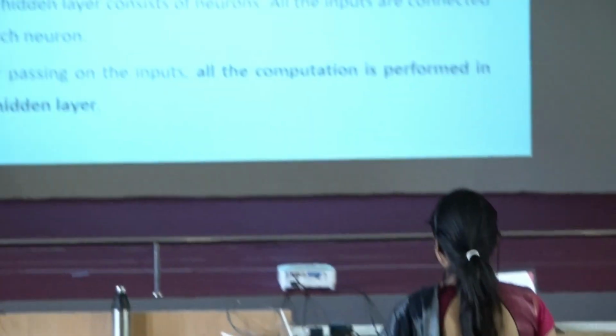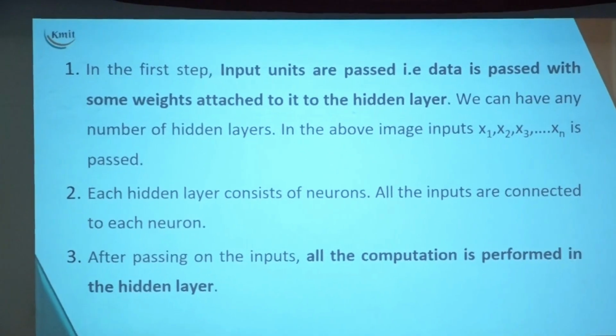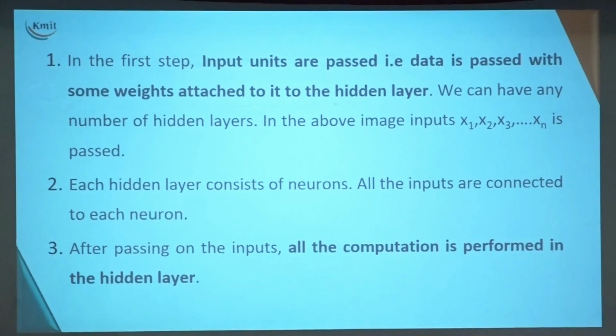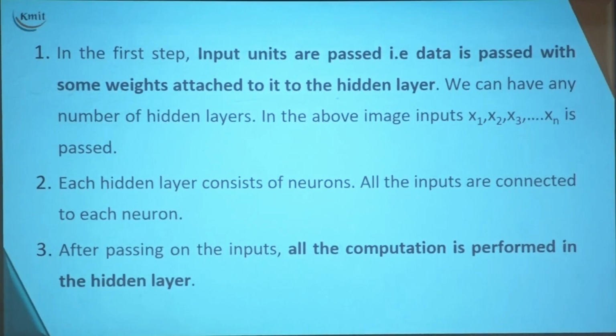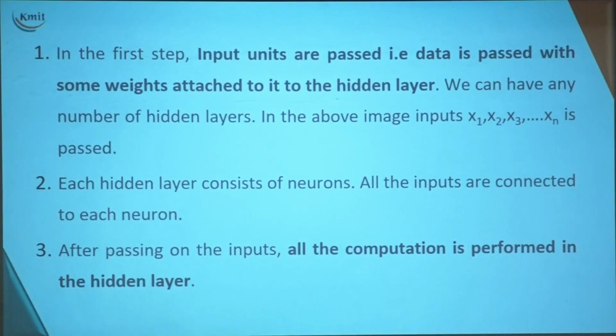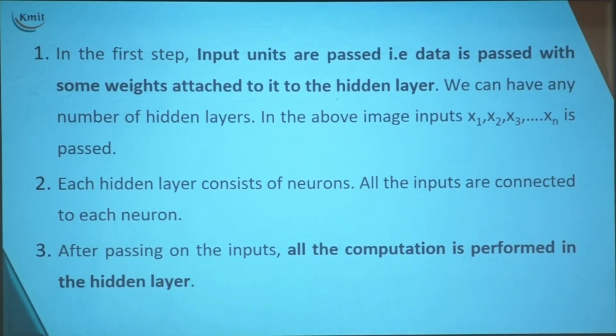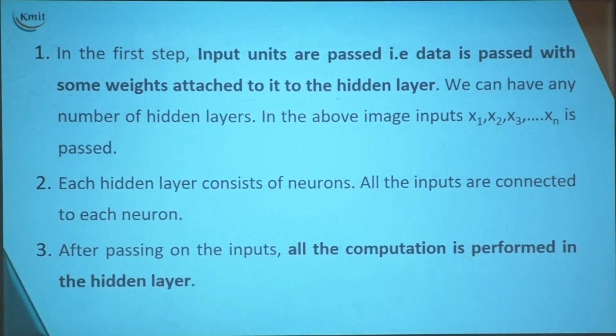Read this first point. In the first step, what is happening? In step 1, input units are passed, that is the data is passed with some weights attached to it, to the hidden layer. We can have any number of hidden layers. Each hidden layer consists of neurons.